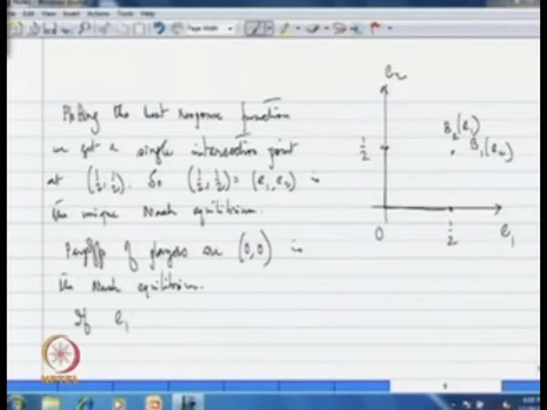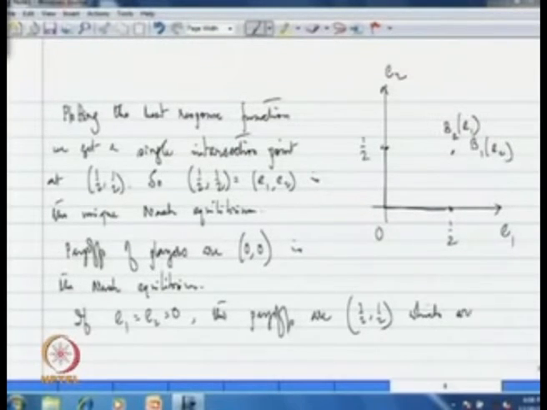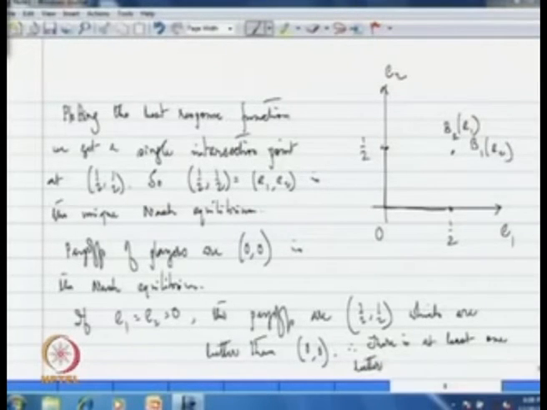If E1 is equal to E2 is equal to 0, again the market is getting divided half and half, which is better than 0, 0. So, there is at least one better pair of actions.